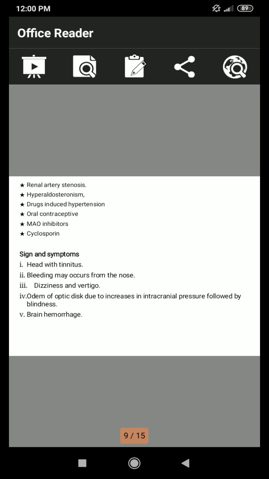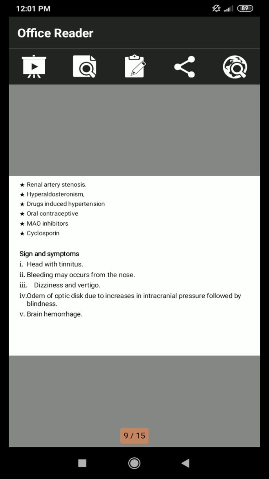Then drug-induced hypertension, such as oral contraceptives containing estrogen and progestin, then MAO inhibitors and cyclosporine. These are the causes of secondary hypertension.